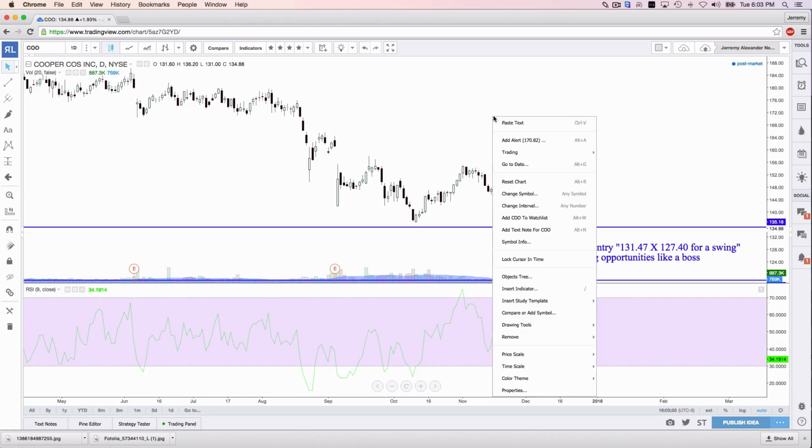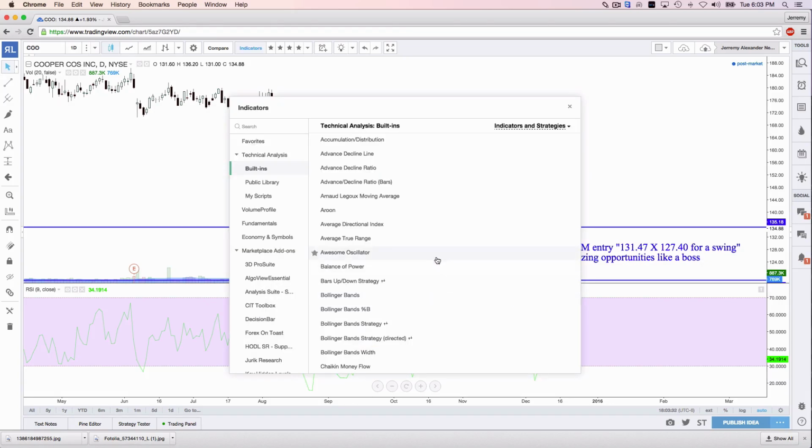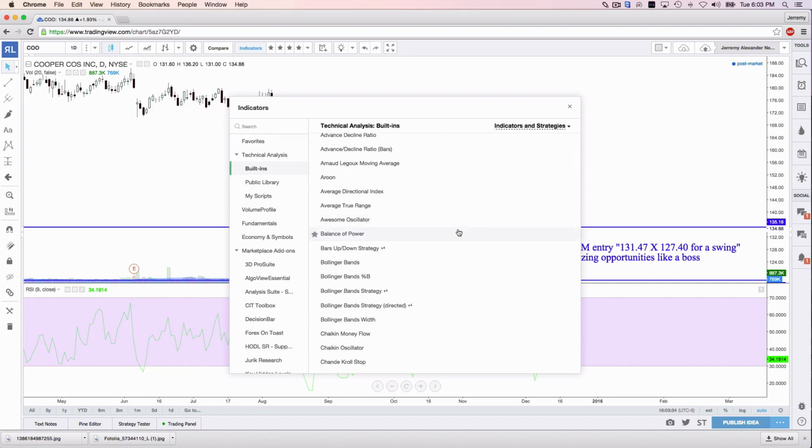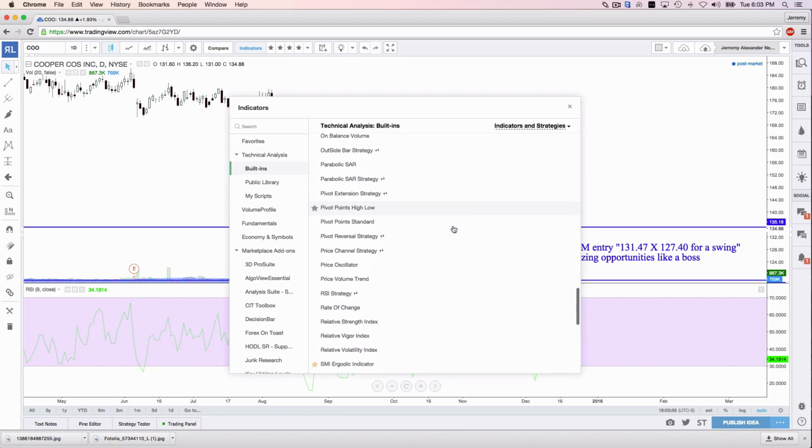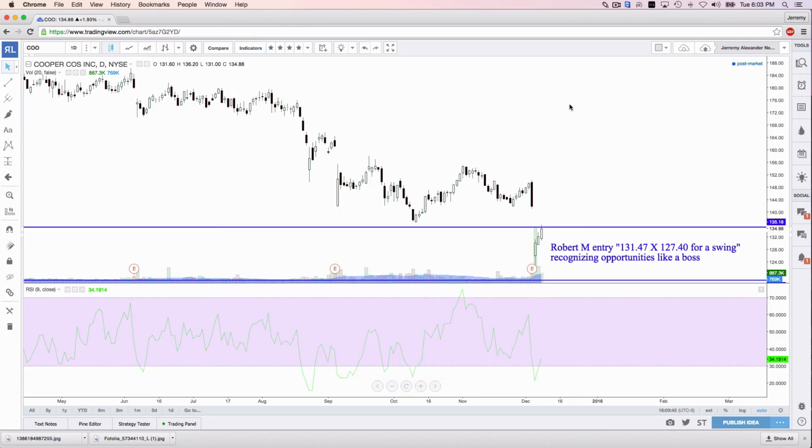If you're using TradingView, you can right-click, slide down to Insert Indicator, click on Indicator, and search for it, or scroll down to relative strength index. Then you can just add and select it. That's the RSI indicator and where you can find it on TradingView.